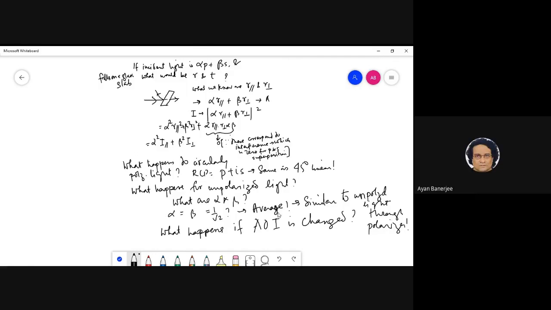Exactly the same. But what happens if the angle of incidence is changed? So alpha and beta should still be 1/√2 only. No dependence. Yeah. Great, and this is very interesting.